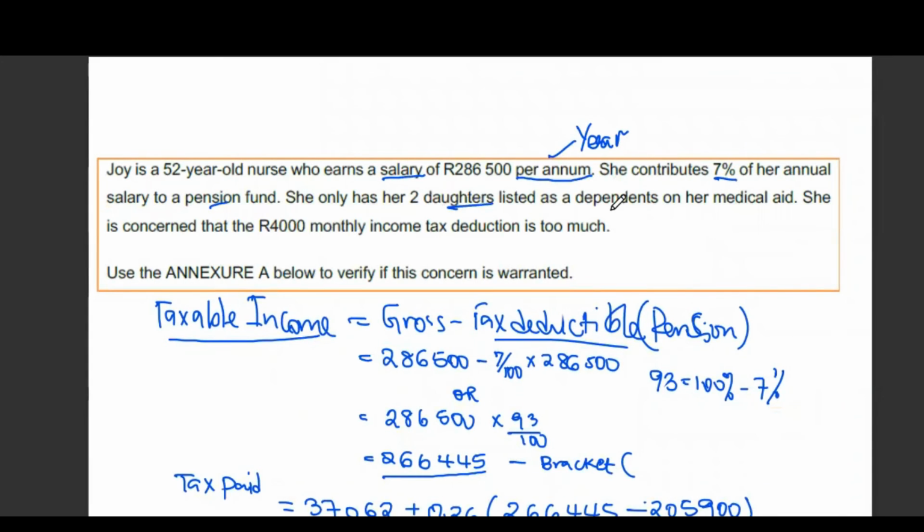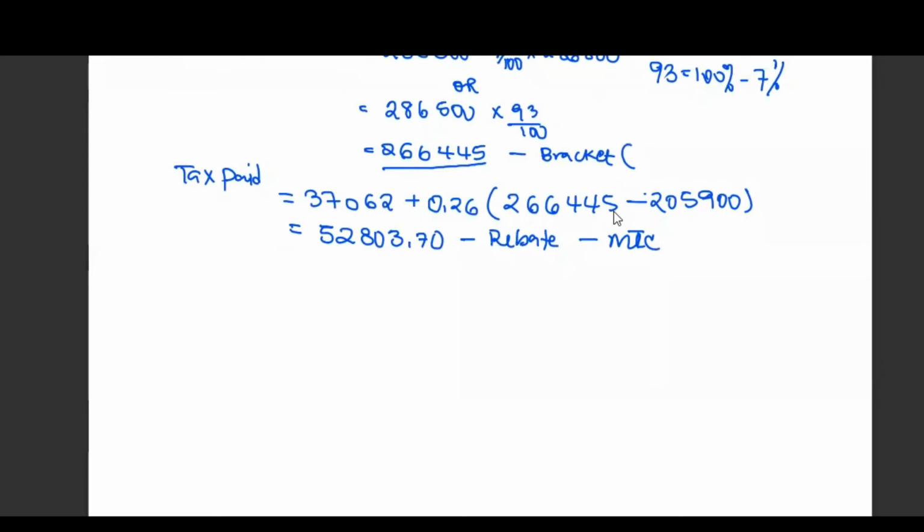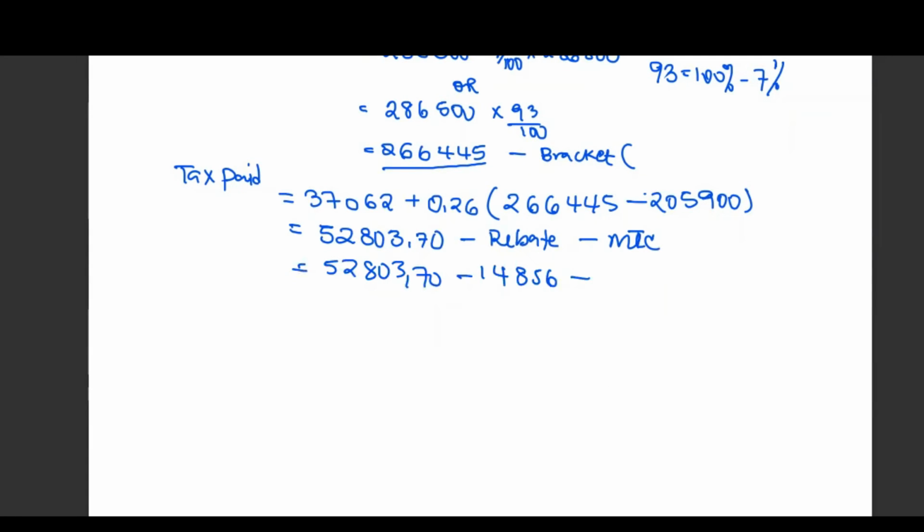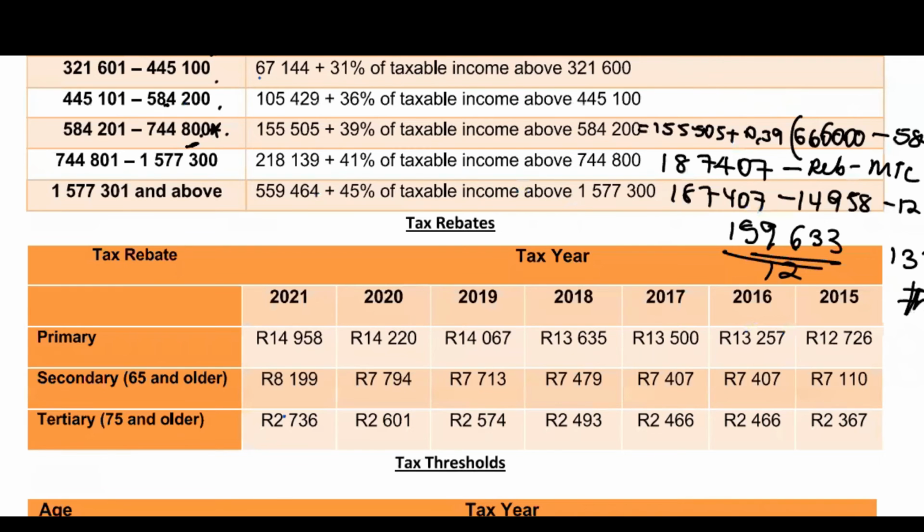So we need to come here. Get that answer that you have there, minus 14,958, minus now the medical credits. For the medical credits, we're going to look at how many people there are.